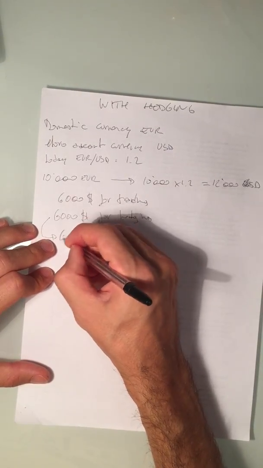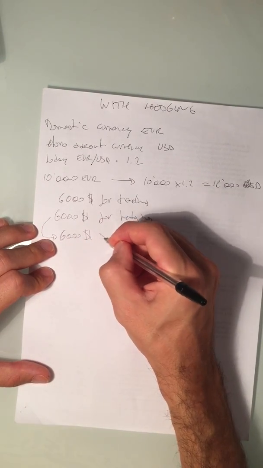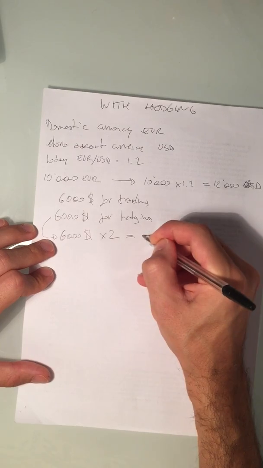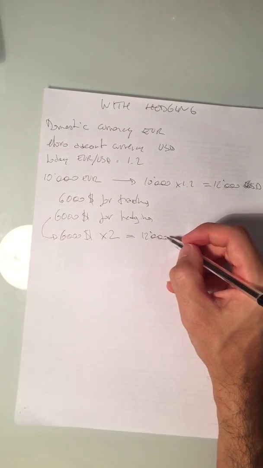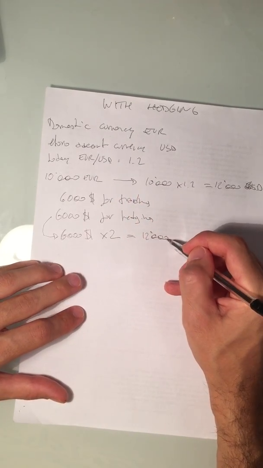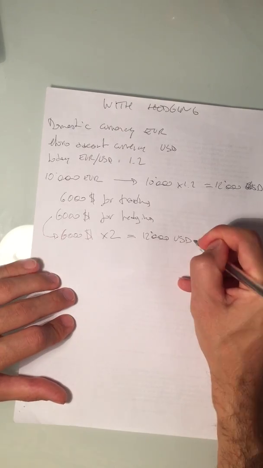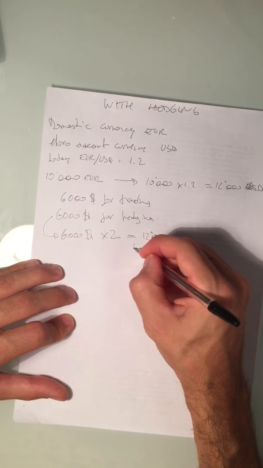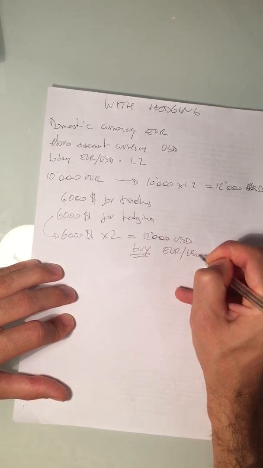So $6,000 with leverage 2, it means that you are investing on euro US dollar 12,000 US dollar, and with this money you buy euro US dollar.